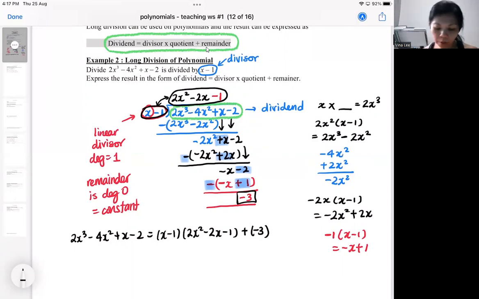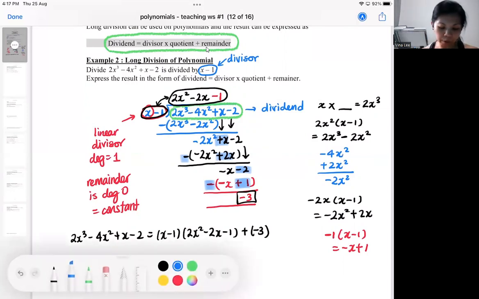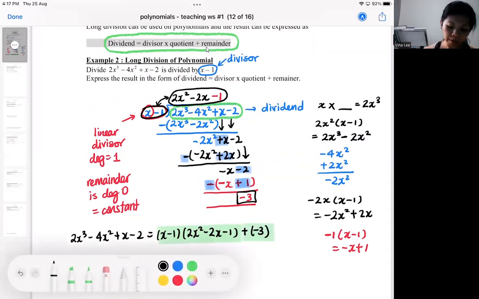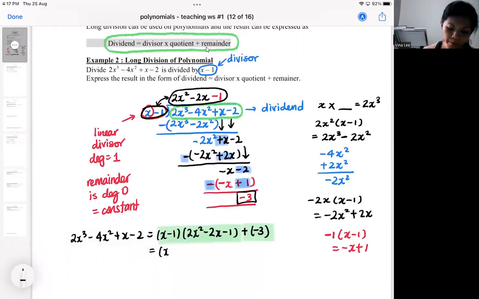If you want to check backwards, which is not necessary here, you expand out and add this part. You should get back the original dividend, the expression that's inside. So plus minus will become a minus 3.